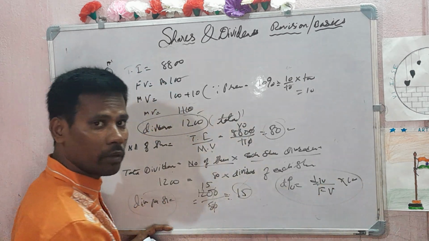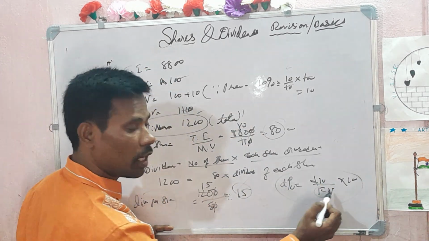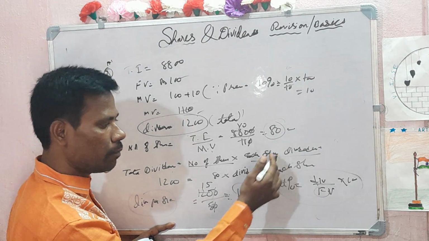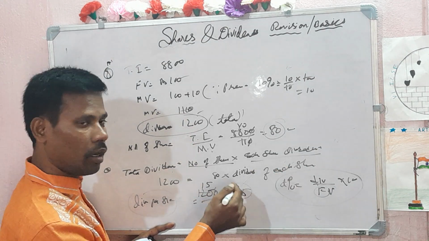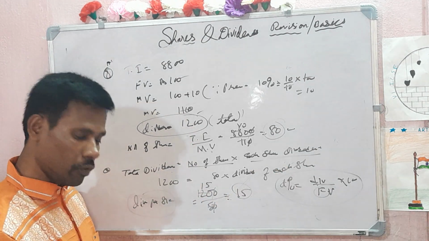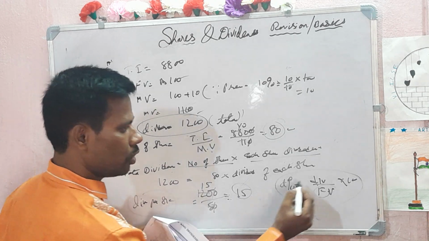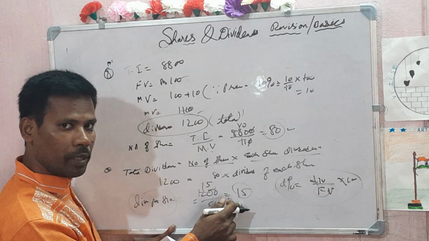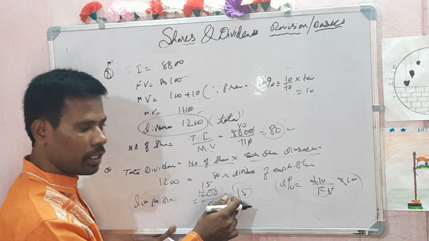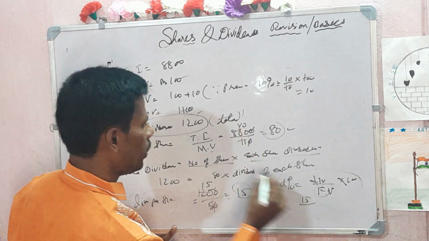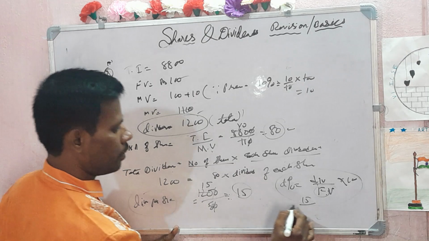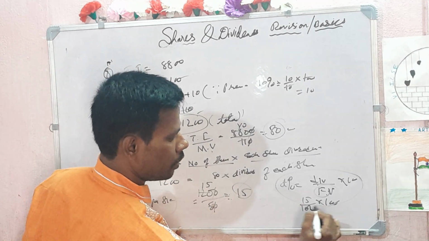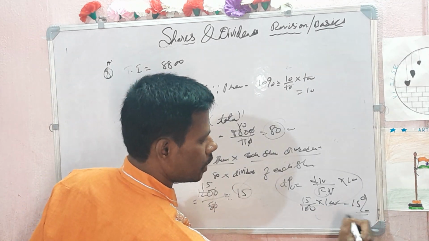Very important. Why we use face value instead of market price is that here the company is paying the dividend, not what is invested in the company. The dividend is 15, which the company is paying. So 15 by face value 100 into 100 is 15 percent.